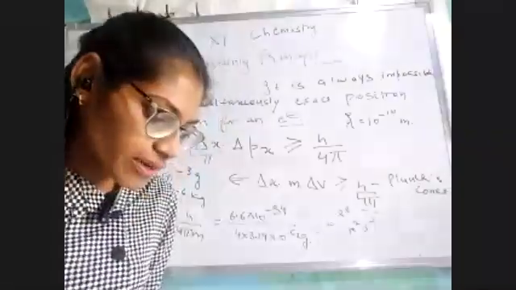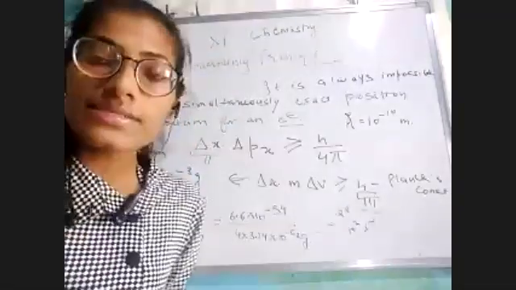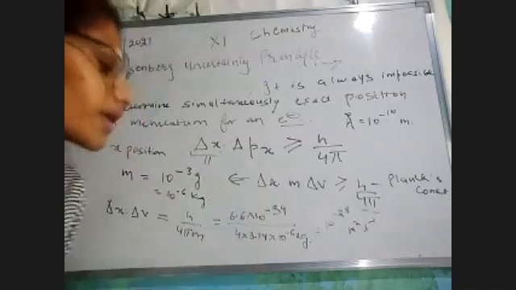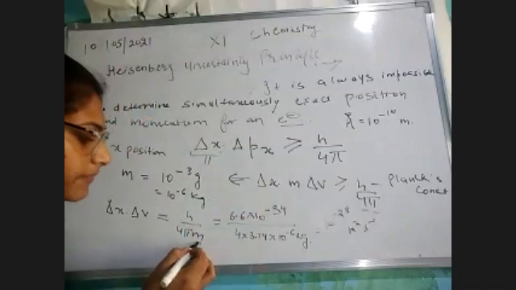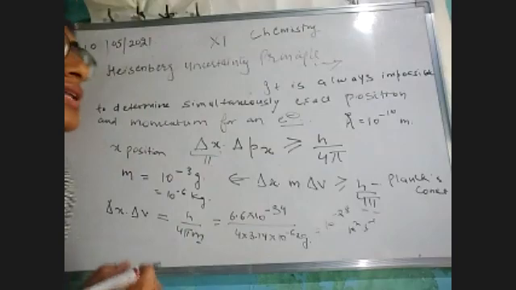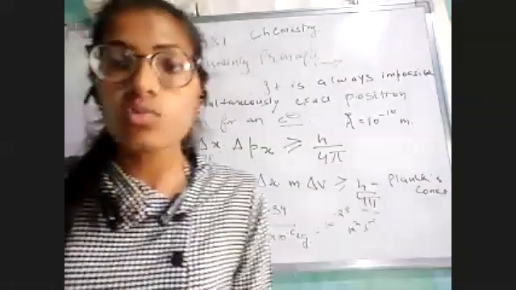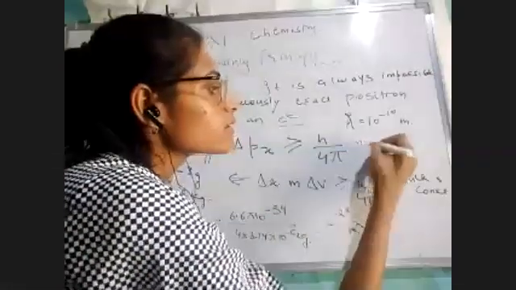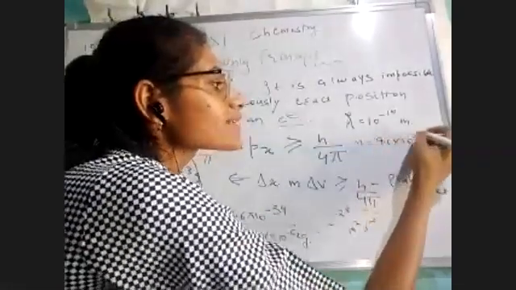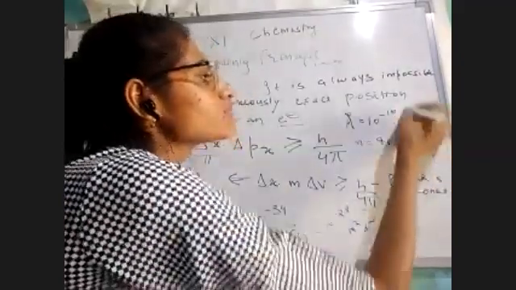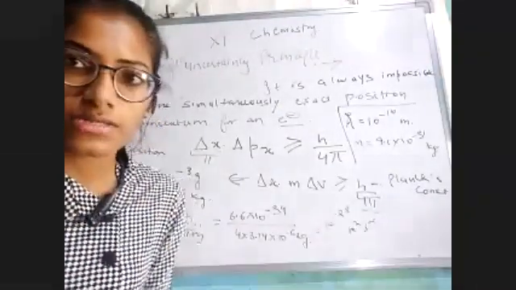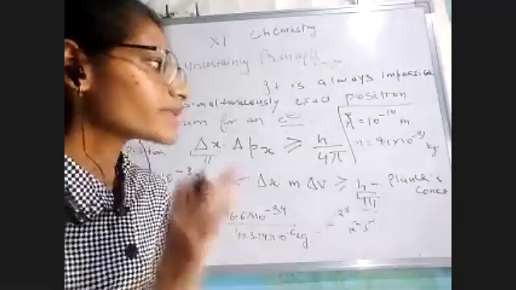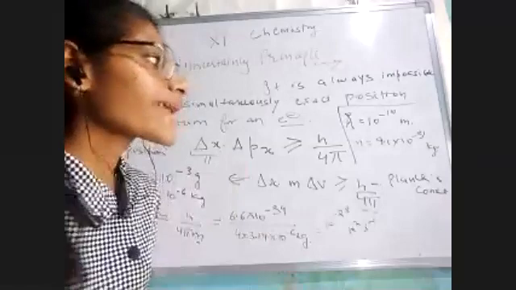that's it. We are required to calculate the uncertainty in the velocity. What would we do? We would put the same formula. The value of m for an electron is equal to 9.1 into 10 raised to power minus 31. This is always fixed. Either I'm talking about electron or proton or neutron, the mass is always fixed. So now we have our mass as well.